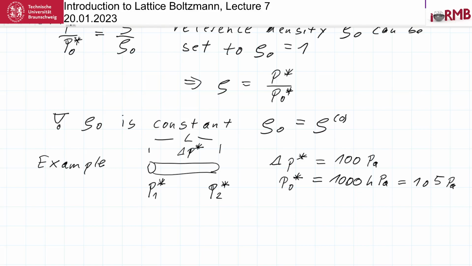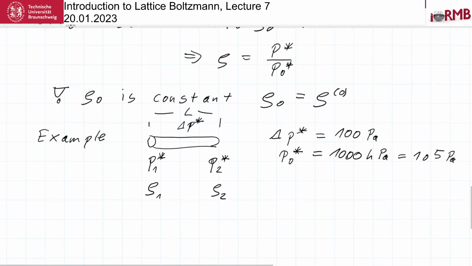Then what we do in Lattice Boltzmann is we have to specify a rho 1 and a rho 2. Because rho 2 is the outlet, so the flow is going this way, we can say rho 2 is our base rho 0 and set this to 1.